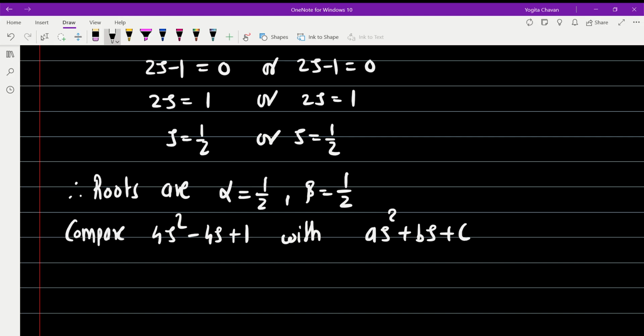Here variables are different. In last problem we have variable x, and here variable of the polynomial is s. So therefore a is equal to 4, b is equal to minus 4, and c is equal to 1.